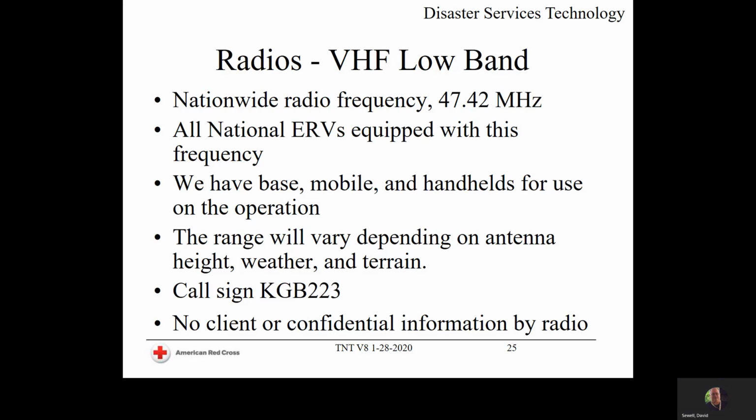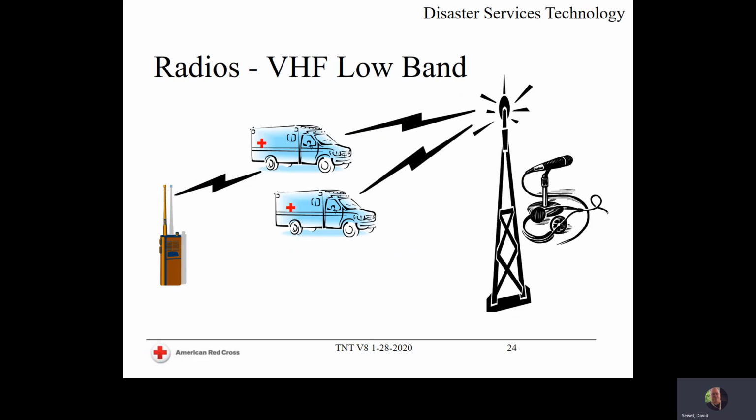The range will vary depending on antenna height, weather, and terrain. The radios work by line of sight. So if you have flat terrain where you are, you're going to be golden. You can speak for quite a long distance.